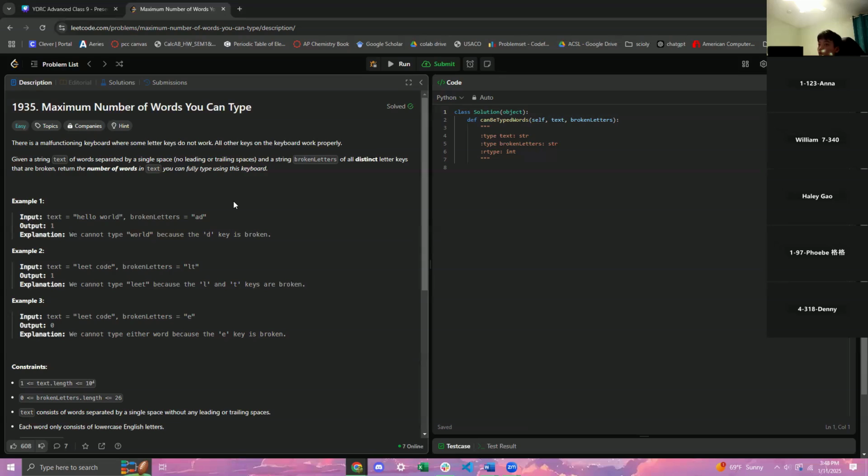We're going to go through all the words and check: does the word contain the broken letters? If the word contains the broken letters, then we can't write the word. Does that make sense? Even if the solution was a little confusing to you, does it make sense that just by reading the problem, we can get a sense of how the solution is going to be?